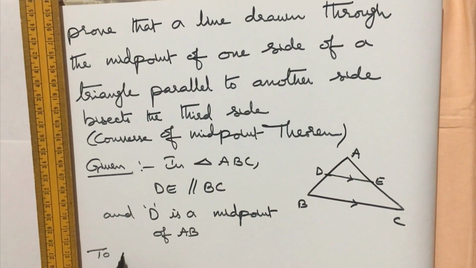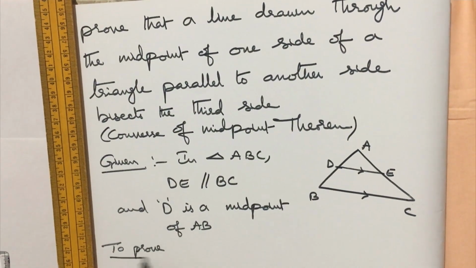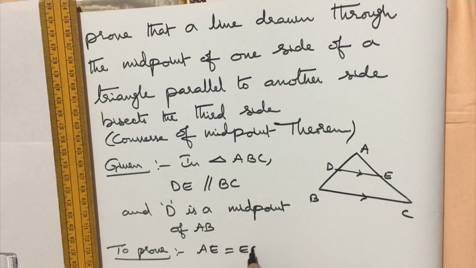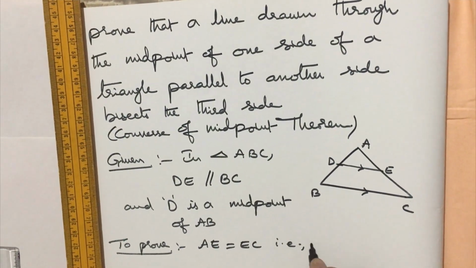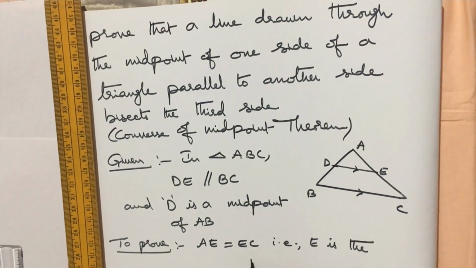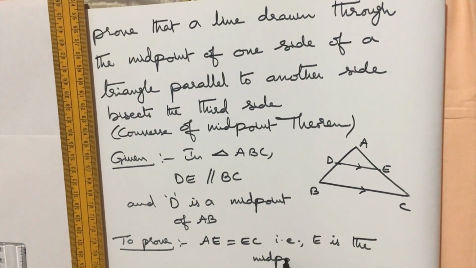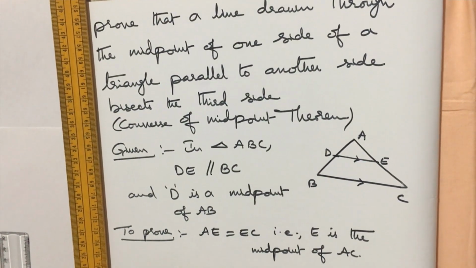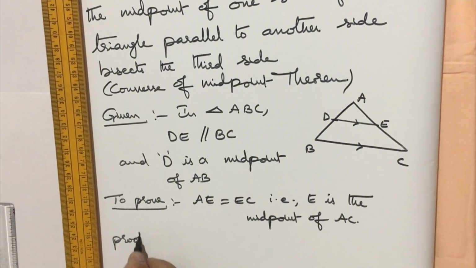What to prove? We have to prove that AE is equal to EC. That is nothing but E is the midpoint of AC. It is very easy to show that. Coming to the proof.